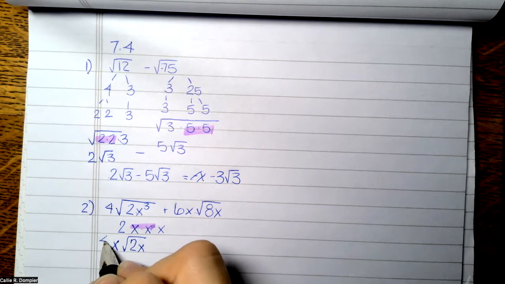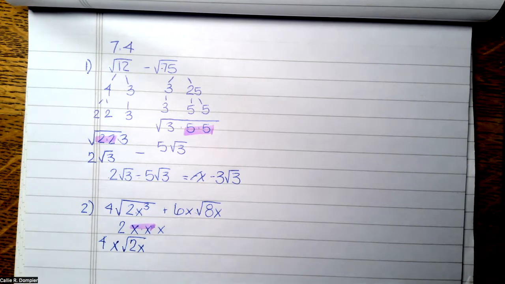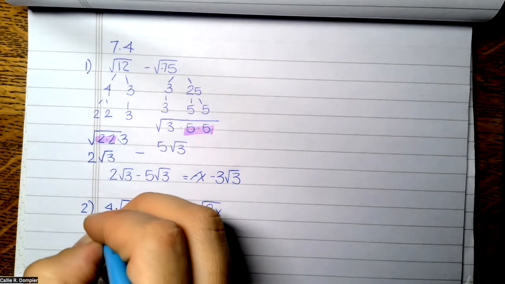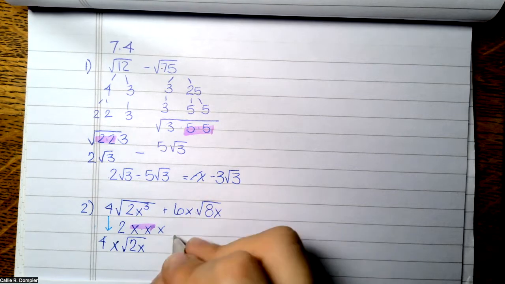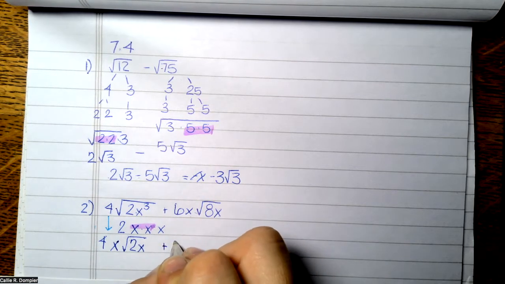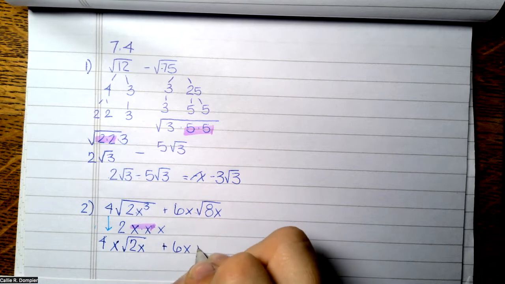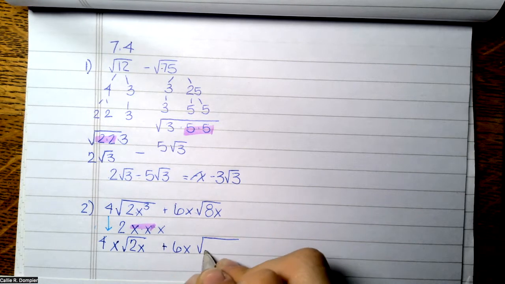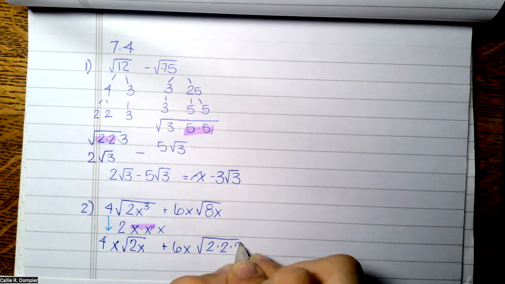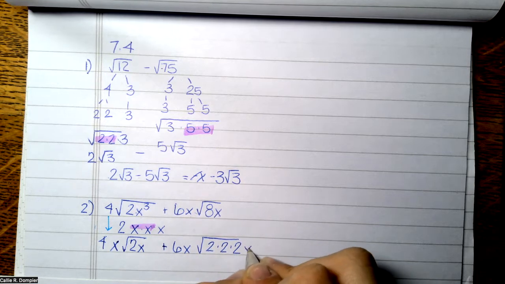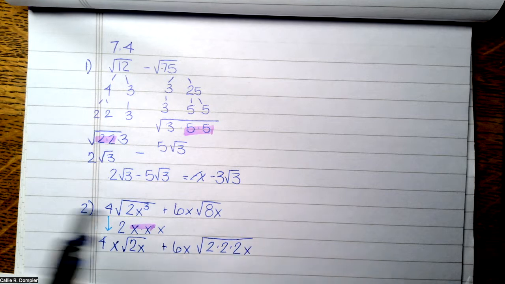And I'm going to bring down that 4. The 4 just came straight down. Good. Now I have plus 6x, 8 can be 2 times 2 times 2, right? And 1x.